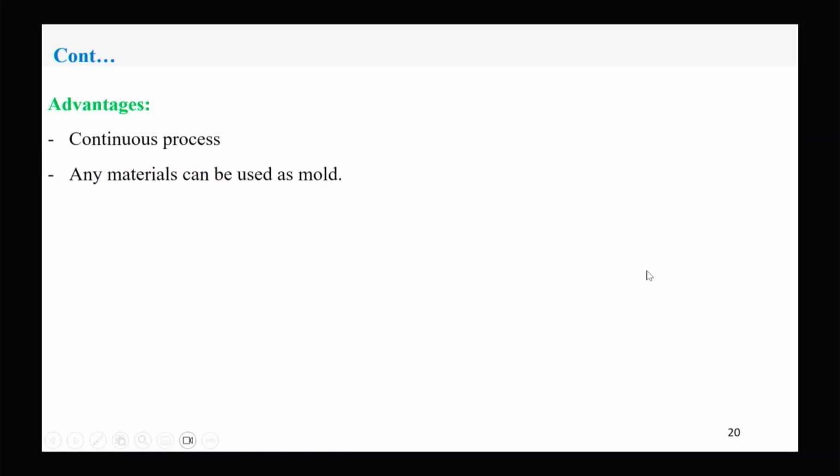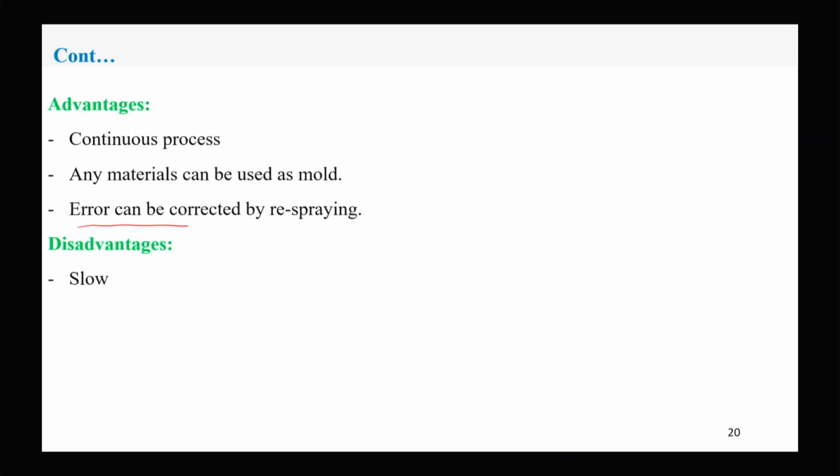Any material can be used as a mold. Another advantage is, if there is any error or unevenness, we can correct it by respraying. So that's the advantage. The main disadvantage is that it's a slow method, inconsistency will be there because of the manual nature, and there is no control over fiber orientation, because the fibers are laid only by spraying.